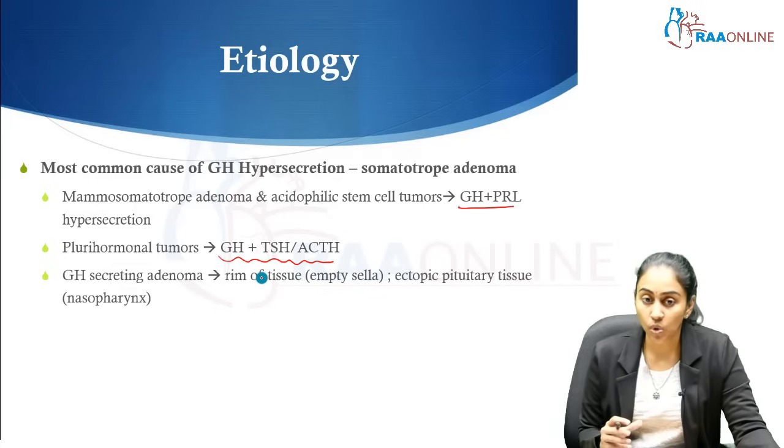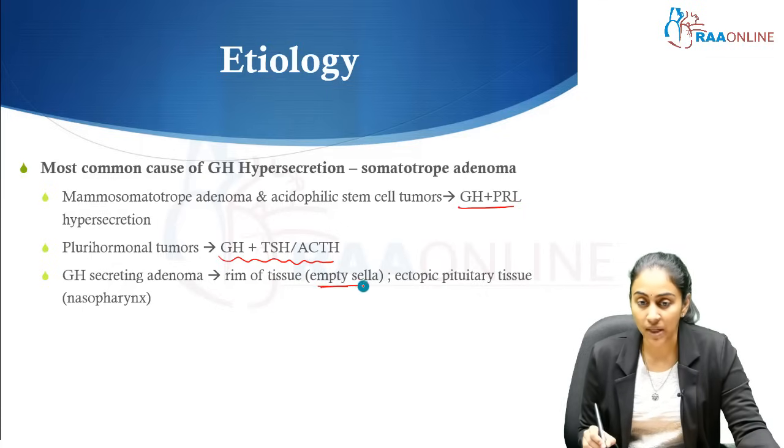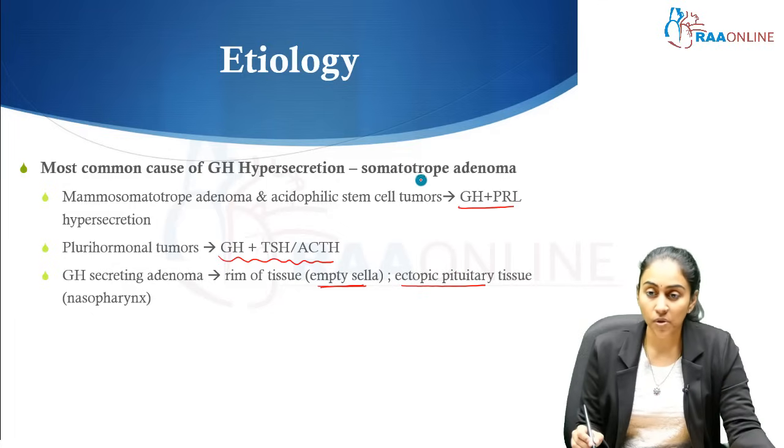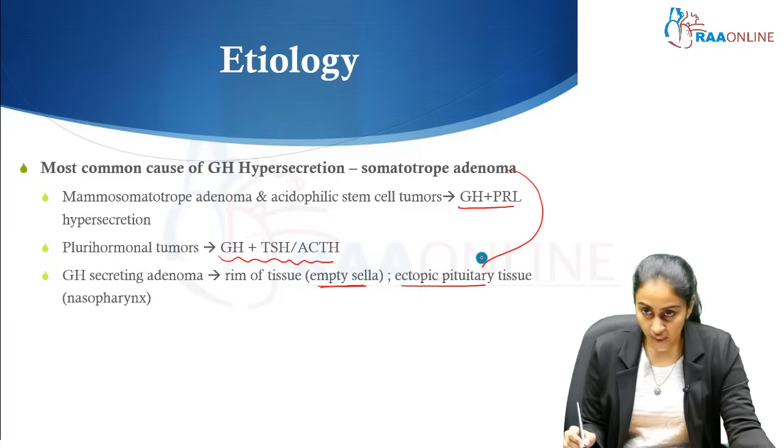Sometimes you may have a growth hormone secreting adenoma, but when you image the patient, the sella may be empty. So, sometimes remember there may be an ectopic pituitary tissue and this somatotrope adenoma may arise from this ectopic pituitary.